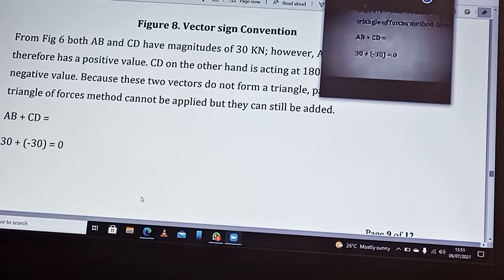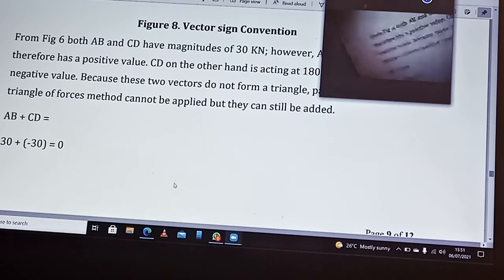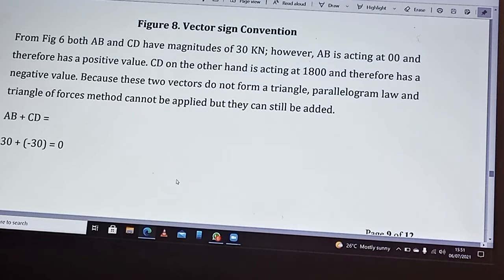Can someone send me a message and tell me what that means if we really understood the concept of static equilibrium? I'm giving a chance to the first two.